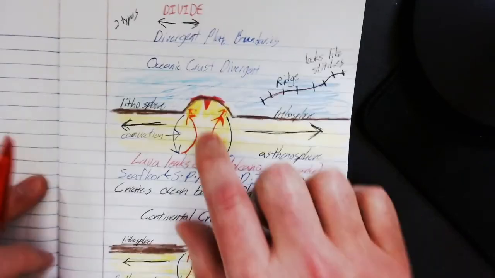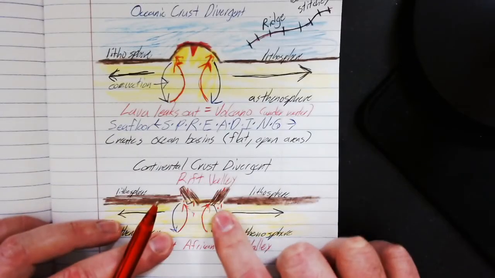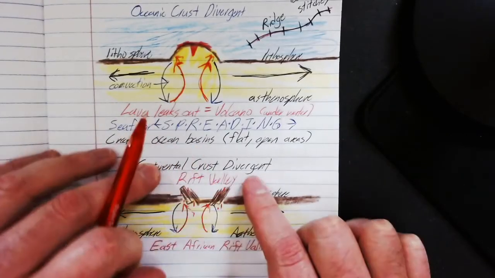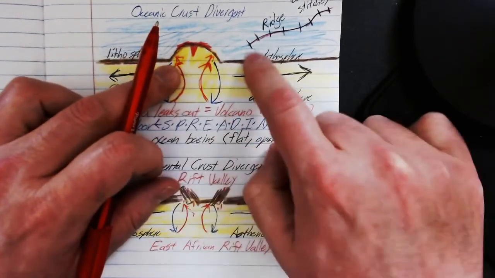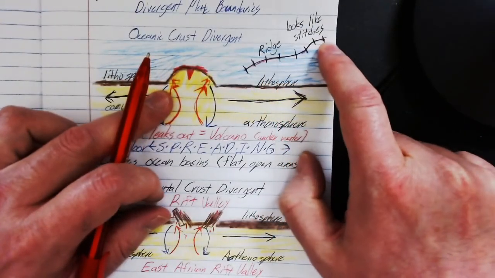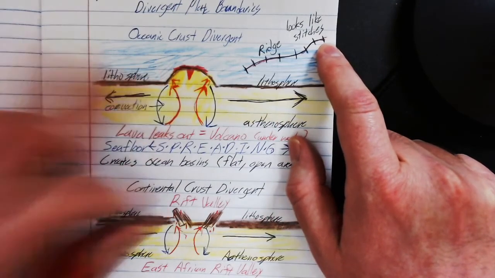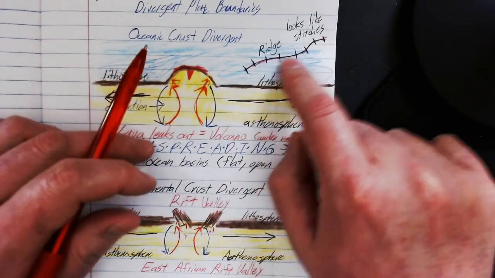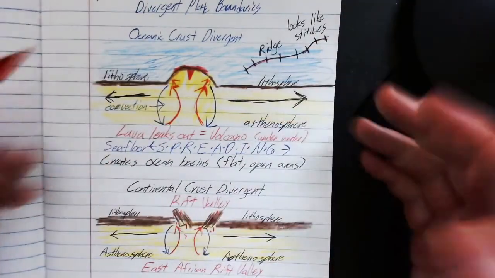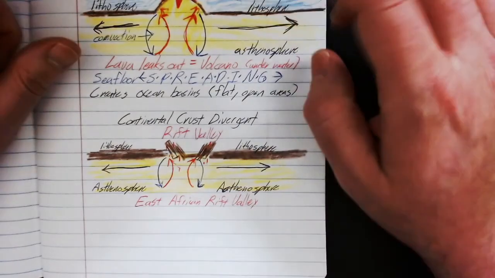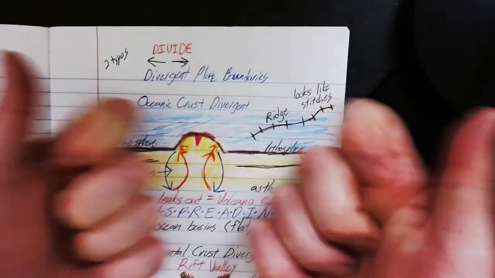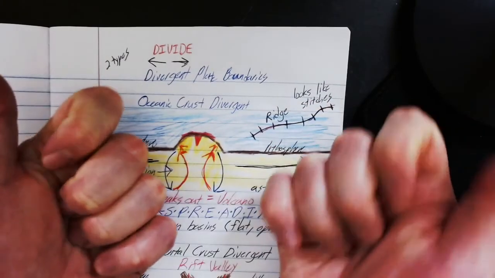So the same thing: on land it can make mountains and volcanoes, while underwater, this whole ridge looks like an underwater mountain chain. So you have what amounts to a whole bunch of volcanoes underwater just leaking lava, making new land. So that is your divergent plate boundaries. Divergent plate boundaries means to divide, to go apart.